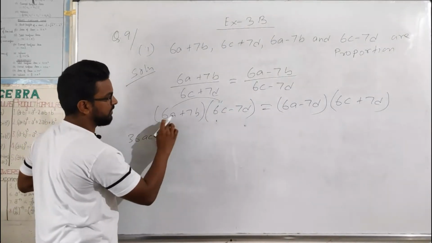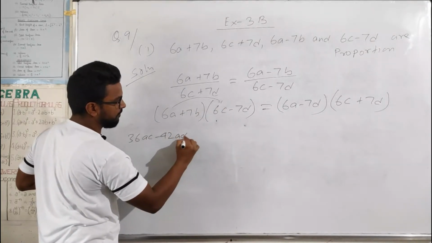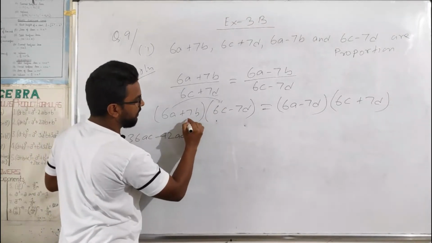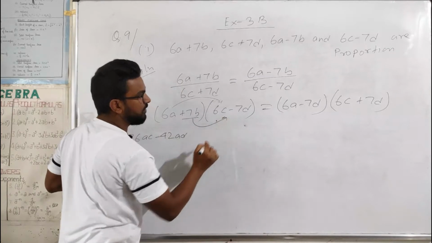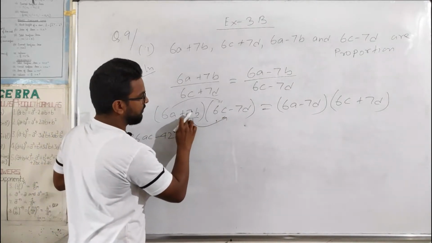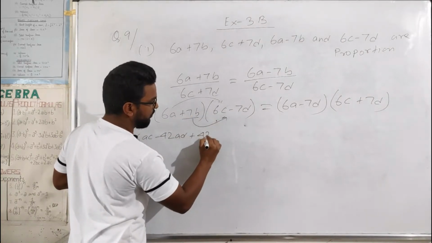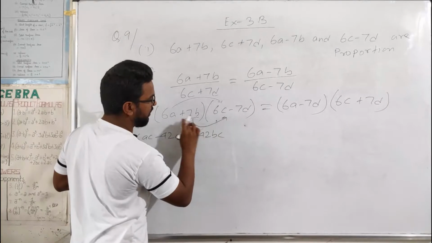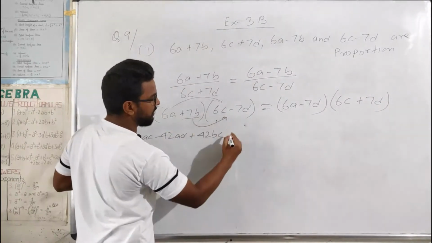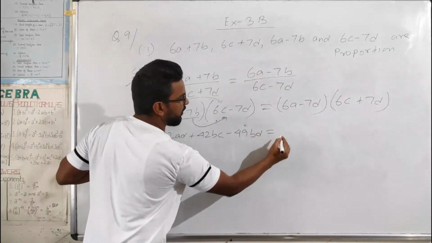So we'll write minus. 6 7s are 42, A into D, AD. Similarly, next you will multiply this term with these two terms. This will be plus sign. 7 6s are 42, B into C, BC. Plus minus minus. 7 7s are 49, B into D, BD.